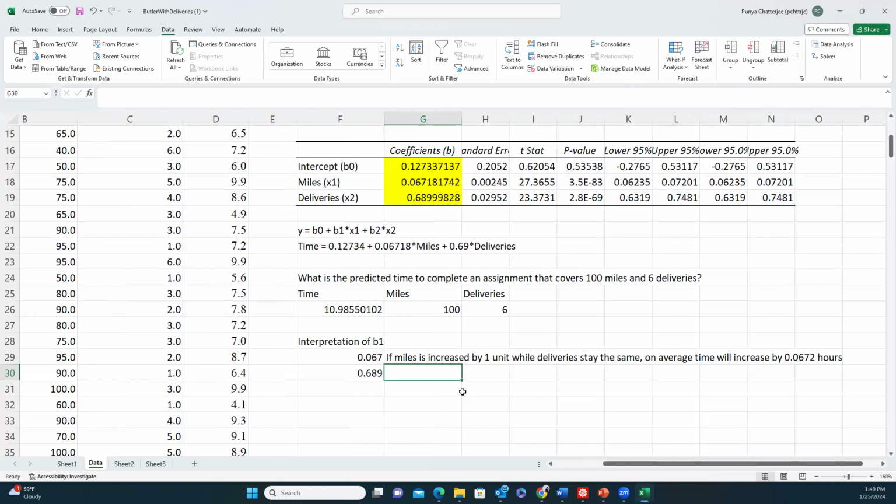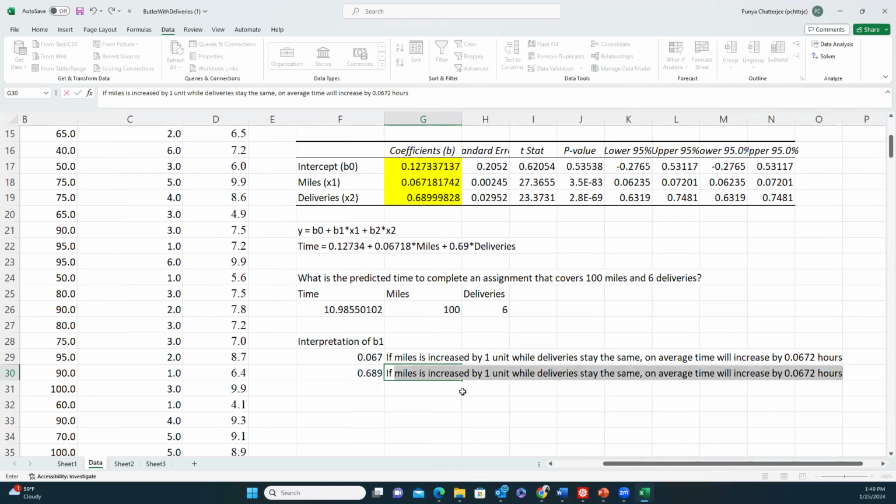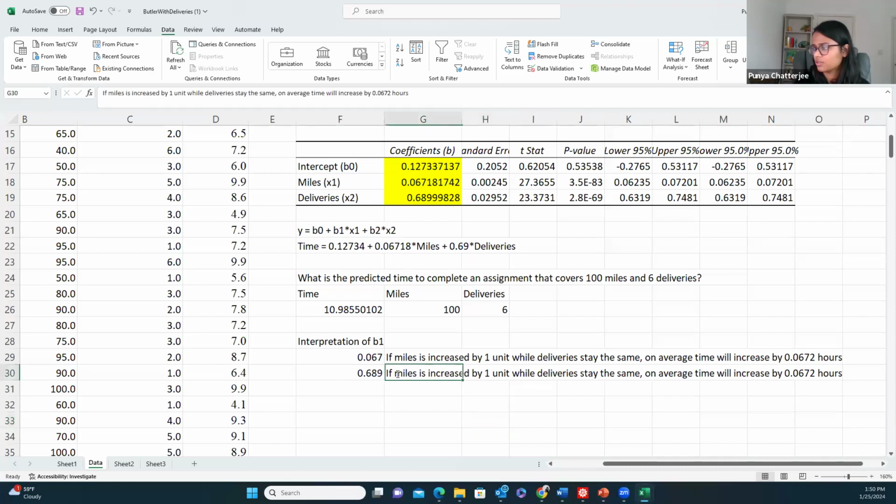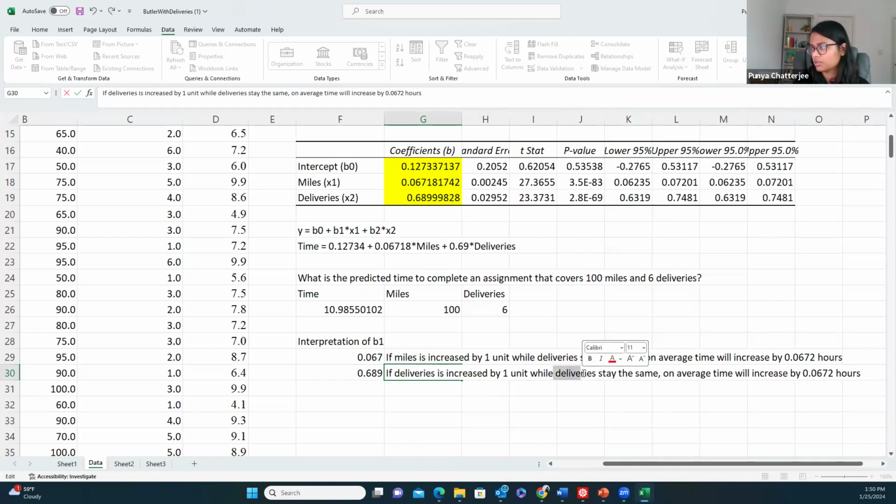If deliveries increases by 1 unit while miles stays the same, on average, the time will increase by 0.68999. Great. We agree? So this is how we're going to write interpretation in multiple linear regression. We have to talk about all independent variables, right? So one's going to increase and the other's going to stay the same. So if I just do copy paste, here is going to be deliveries, and here's going to be miles.